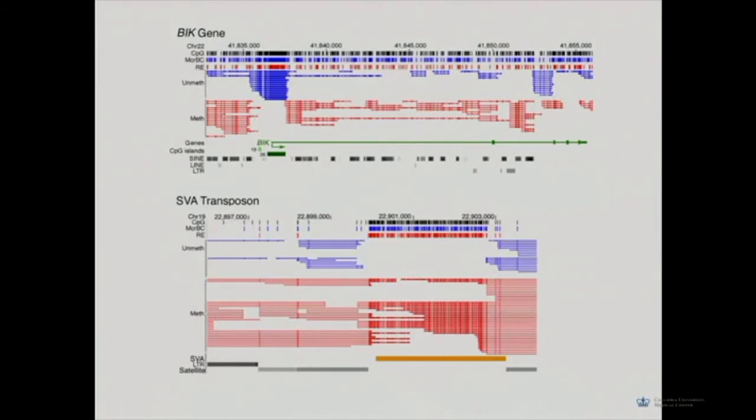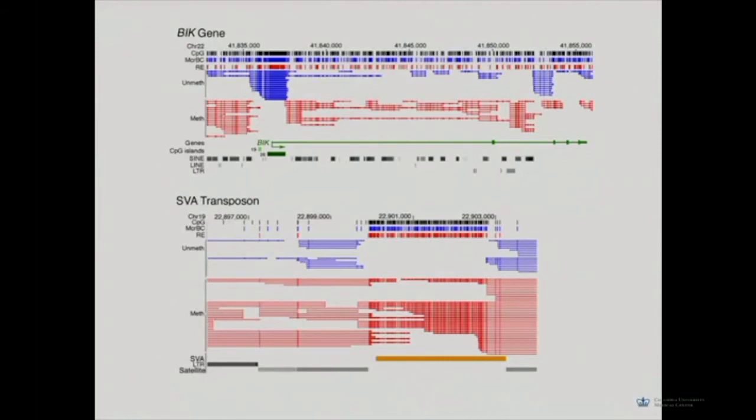This is a good illustration of the structure of the genome. There's a large unmethylated domain around the 5' end of the gene, and other sequences are variably methylated. If we look down here at an SVA transposon, which is still active in the human genome, still proliferating, we see that it's heavily methylated, and you see no unmethylated strands. And this is a very general picture.